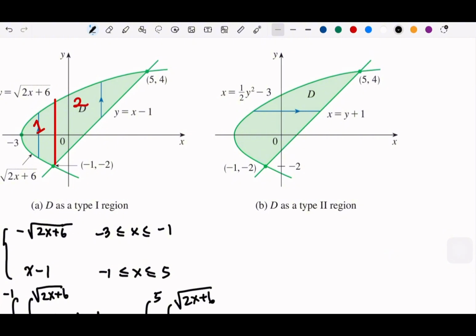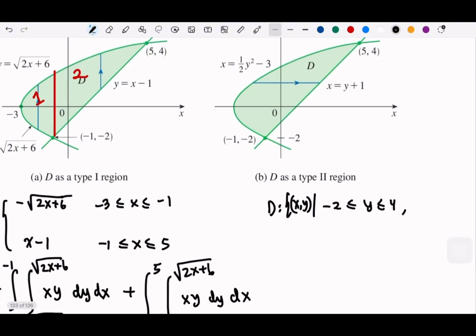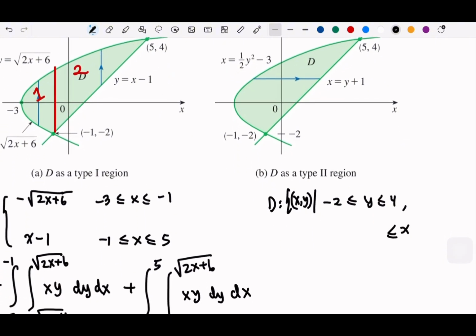Then the region D is y from negative 2 to 4, and x from y plus 1 to half y squared minus 3.